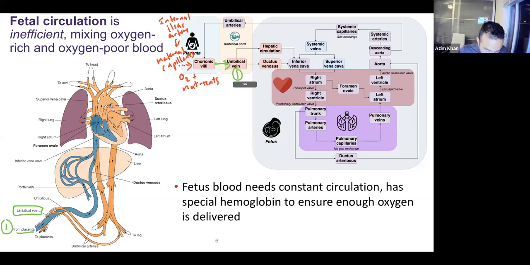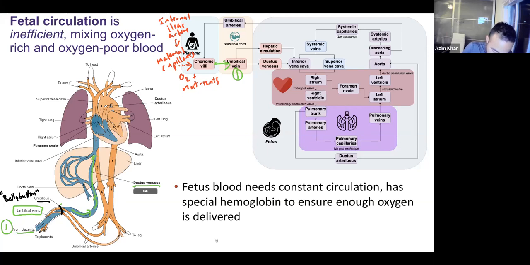Step two, we enter the actual fetus. So I'm just going to label the belly button. What's labeled here is umbilicus, that's the belly button. We get into the fetus. Blood still continues along the umbilical vein. We could deliver blood to the liver, or we could bypass through the ductus venosus.